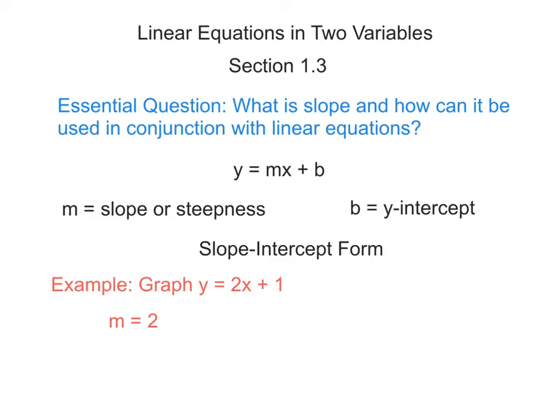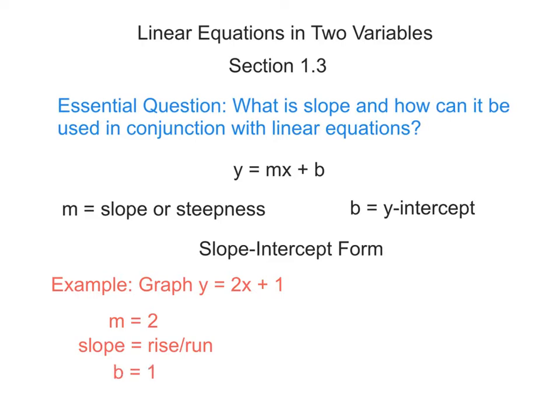Well, slope is defined as rise over run. Now, rise over run is simply defined as how far up you have to go for a given distance horizontally. So, a given distance vertically for a given distance horizontally, or a given distance y for a given distance x, or change in y over change in x.